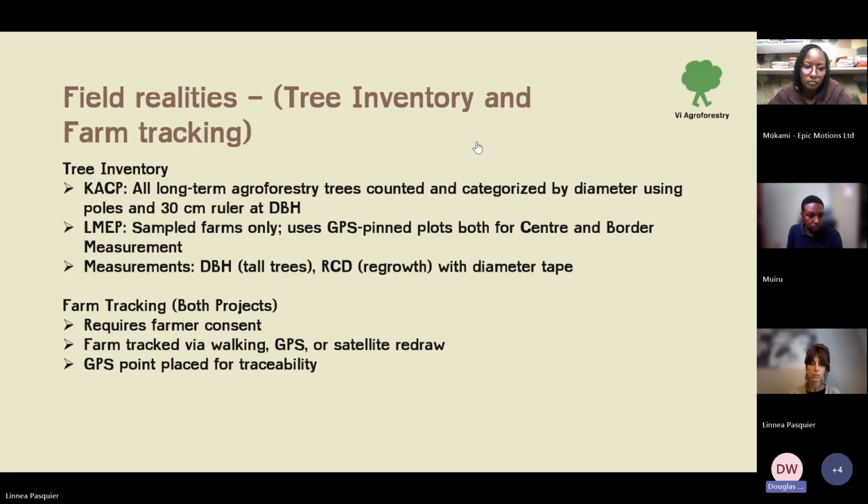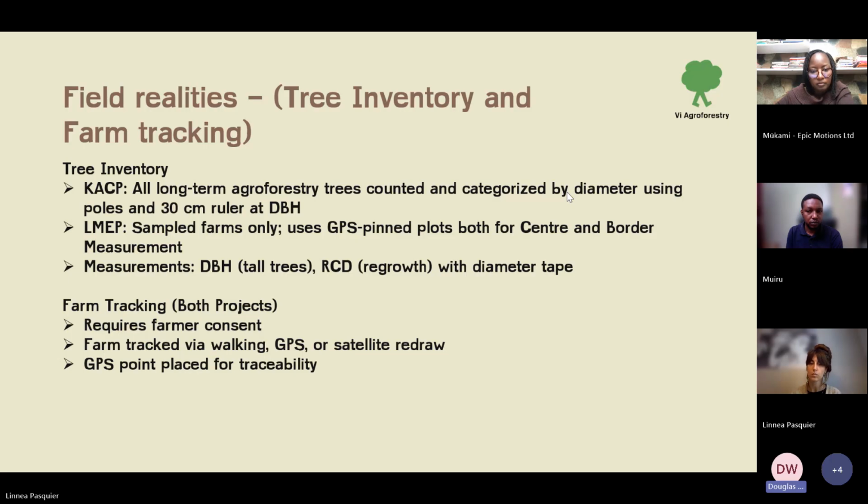Within those points, for the center one, there's a specific radius. We do a 12.62 meter radius and count the trees there. We can either do a DBH or RCD. DBH is for the tall trees. RCD is used in cases where a tree has been cut, but you see there's an element of sprouting from that tree.